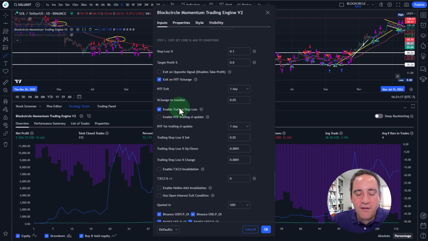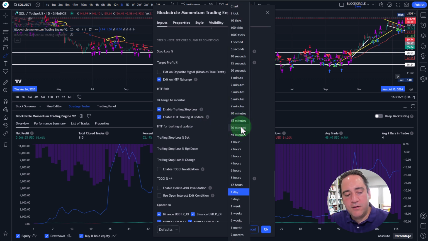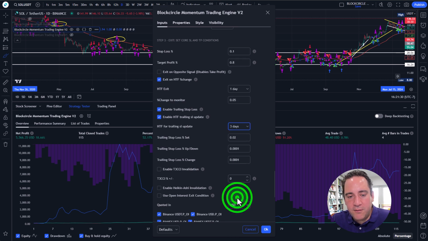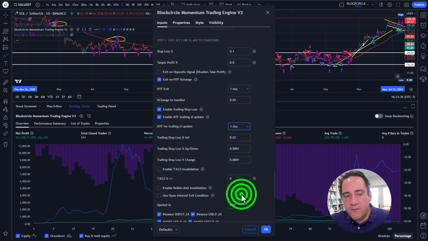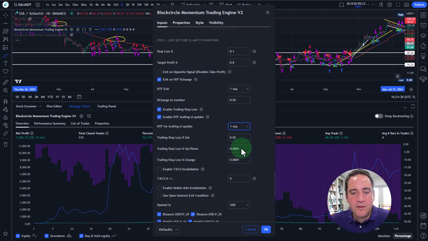So you could have a trailing stop loss, and then you have it on a higher time frame. So rather than focusing on only the 1 day, you can say I want to open a trailing stop loss on a higher time frame of 3 days rather than 1 day. And you'll see it paints a completely different picture. Just by doing that, you've increased profitability from 55% to 266%, right?